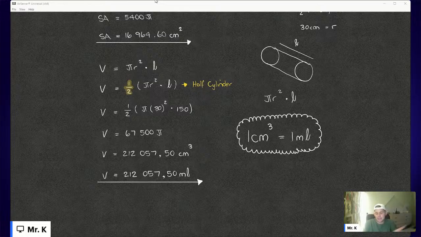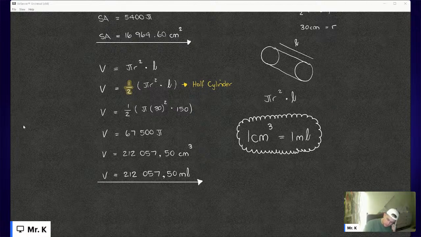It's like a can that's been cut in half and laid on its side. If this trough is 2 rulers wide, right? And it's 5 rulers long, how much water do I think I would have to put into that?